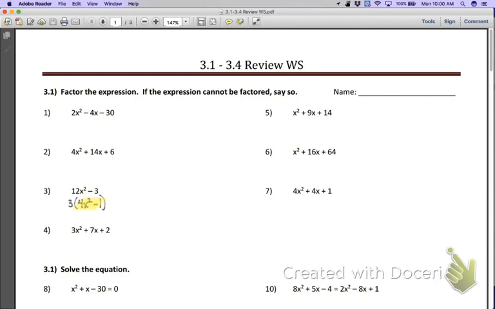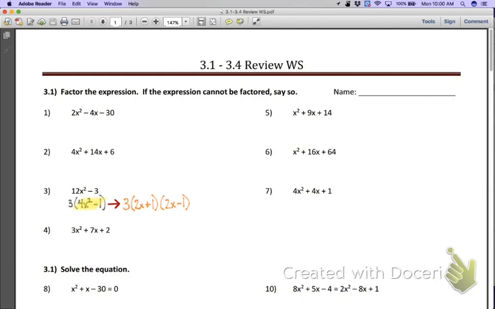So what number times itself gives you 4? 2, so it's going to be 2x. So then this basically factors out to be, don't forget the 3 out in front, 2x plus 1, and then 2x minus 1.